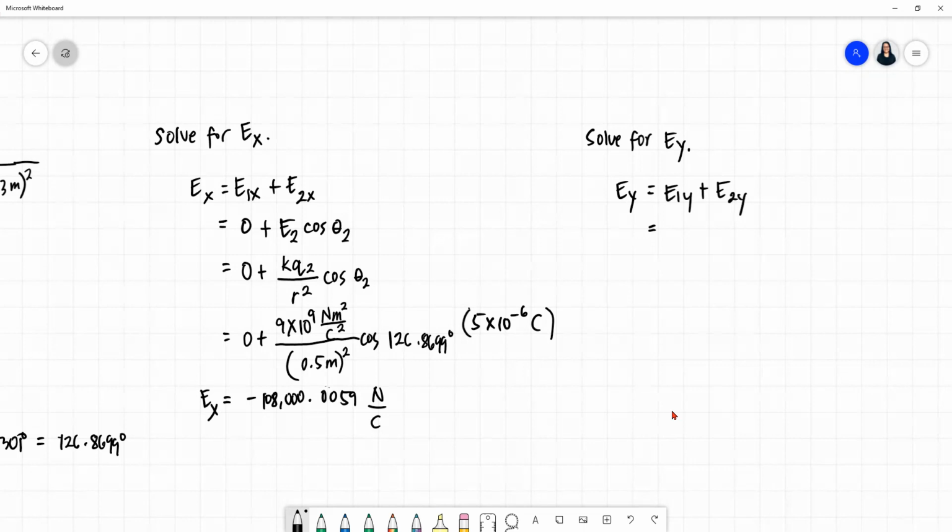I'll write that as E sub 1 sine of theta sub 1 plus E sub 2 sine of theta sub 2.